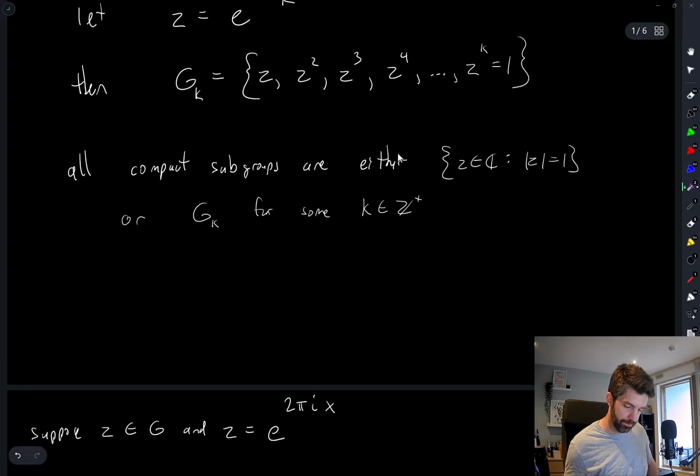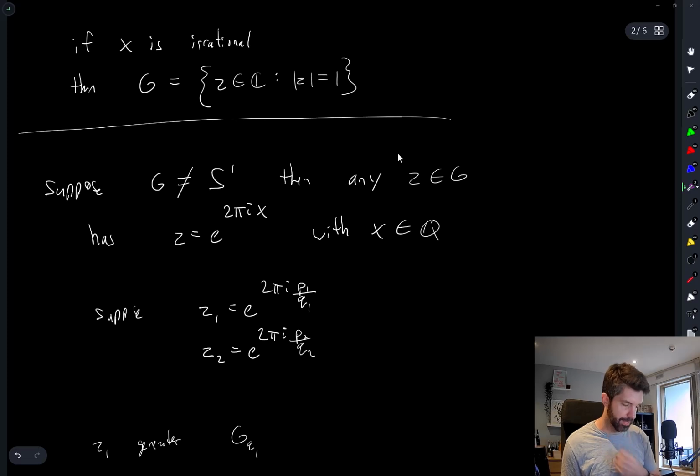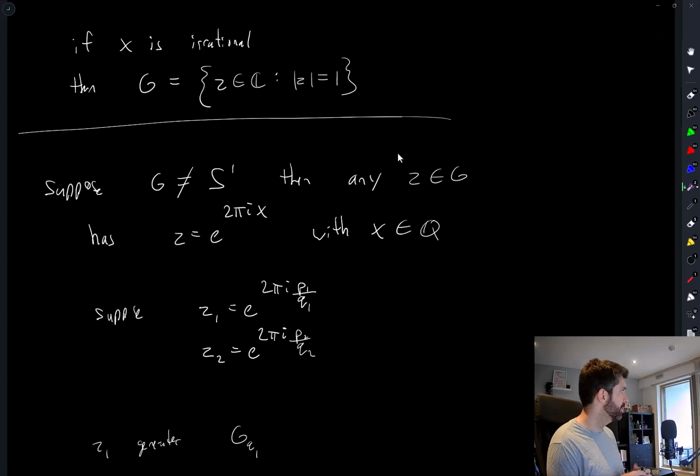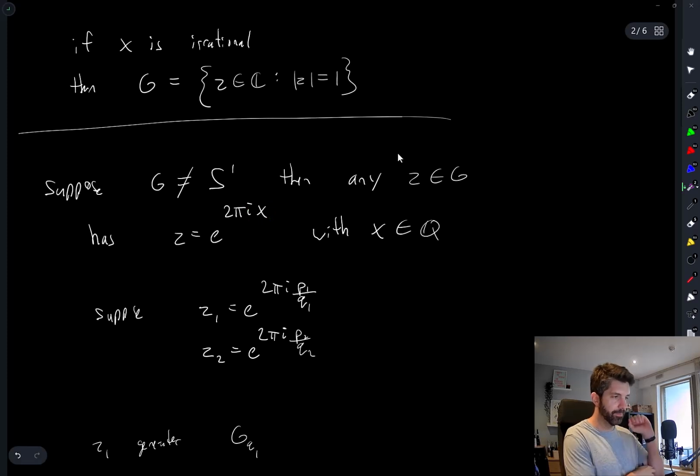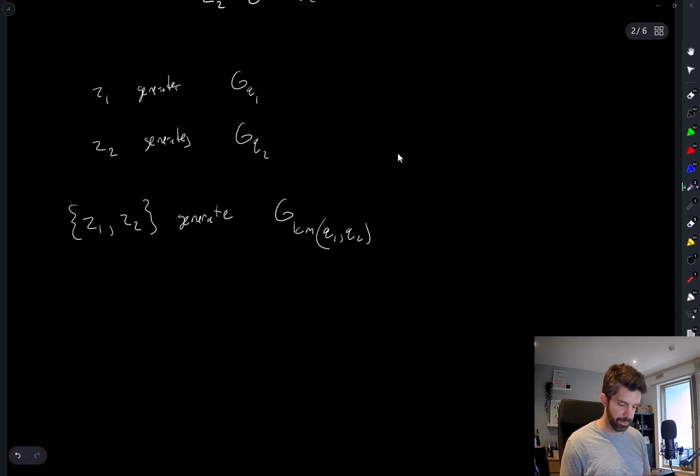So if the subgroup contains any two numbers with a rational argument, then it's really just the same as coming from another subgroup. But you can only make this argument a finite number of times.